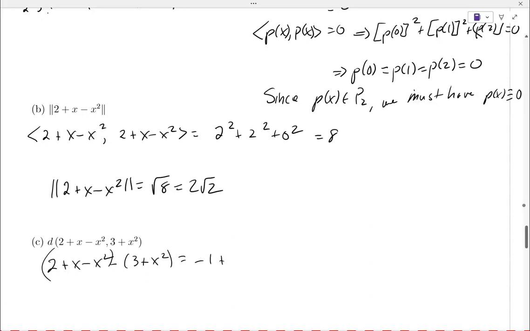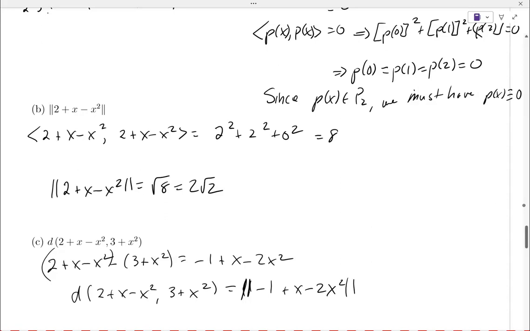We get negative 1 plus x minus 2x squared. So the distance between those two will be the norm of the difference, the norm of negative 1 plus x minus 2x squared. And then again, to find the norm of this, we'll do the square root of each of those function values squared. So we need to plug in 0, plug in 1, plug in 2, square those values, add them up.